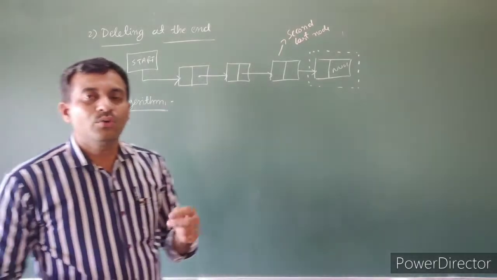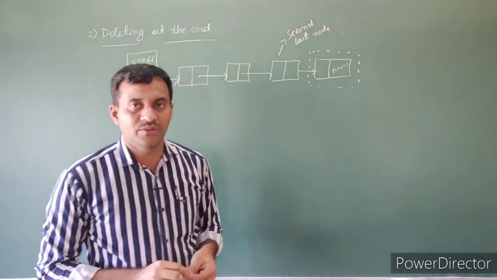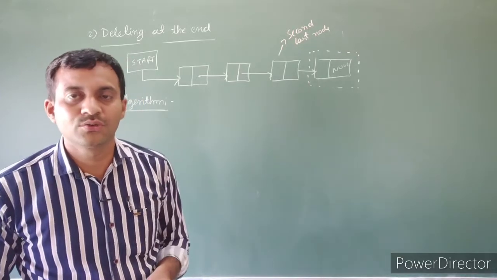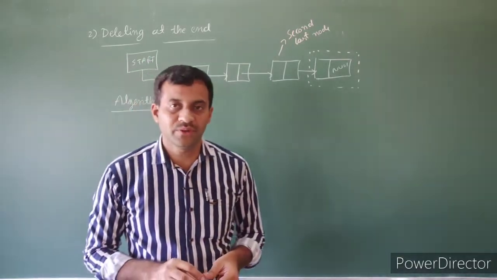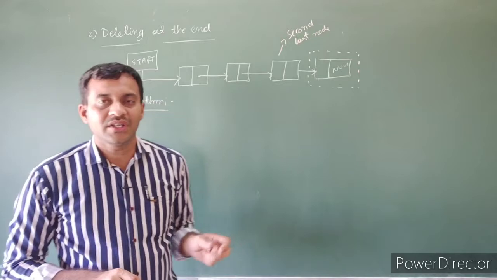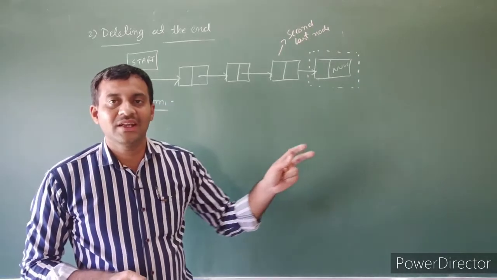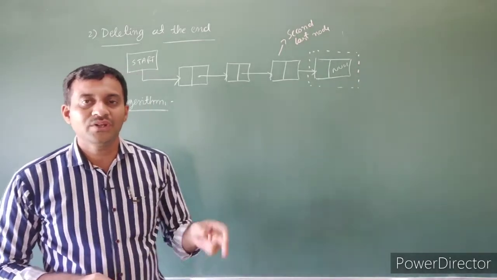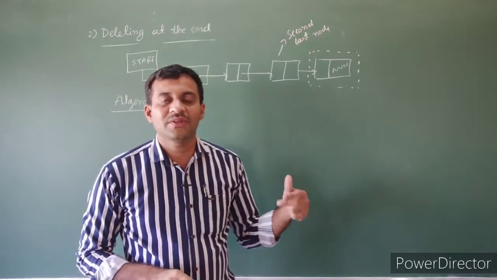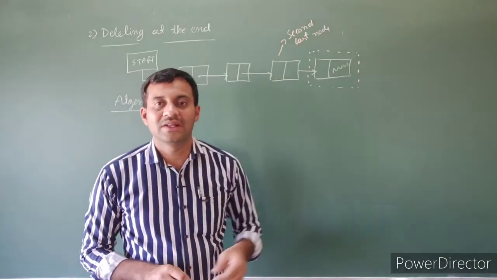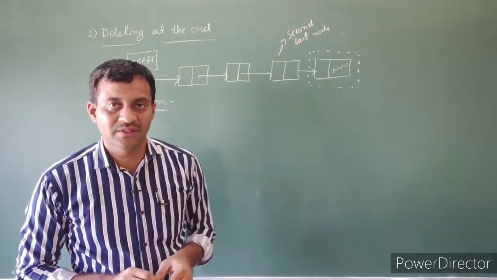It needs two pointers P1 and P2, where P1 is used to traverse the linked list. P2 keeps the location of the previous node of P1.